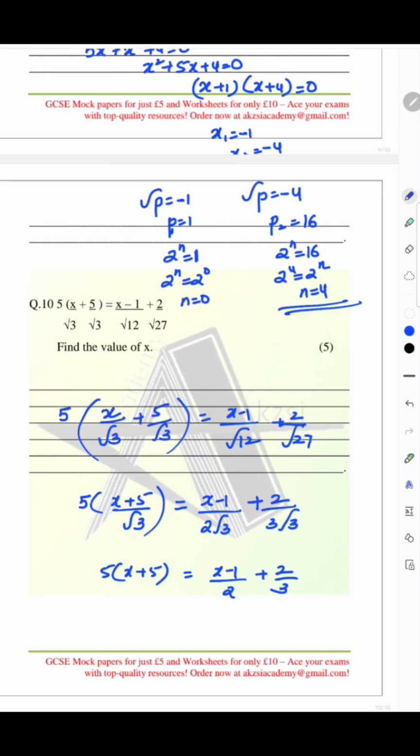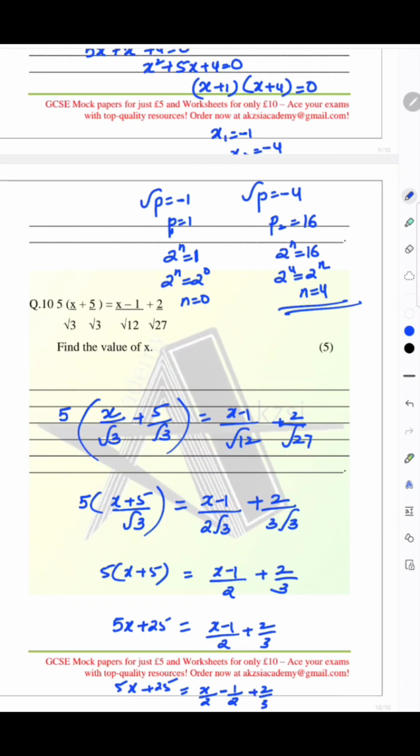Now expanding the bracket, I'll get 5x plus 25 equals (x minus 1) over 2 plus 2 over 3. Now bringing all the numbers on one side, I can split (x minus 1) over 2 as x over 2 minus 1 over 2. So 5x plus 25 is equal to x by 2 minus half plus 2 over 3.